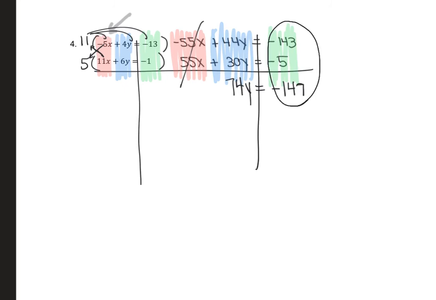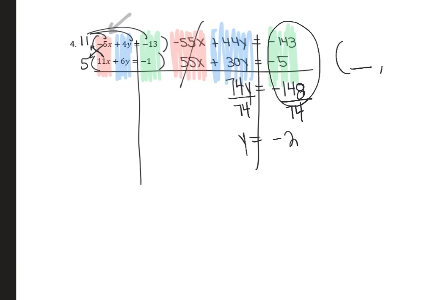Obviously, 173, oh my God, I should really just give up now on this problem. 143 plus 5, which is essentially the same thing as negative 143 minus another 5, is negative 148, not negative 147. So then when I divide by 74 on both sides, I'm going to get y equals negative 2.